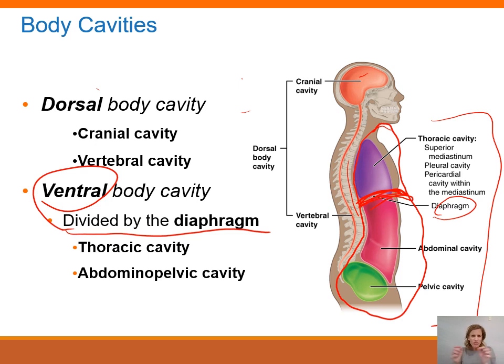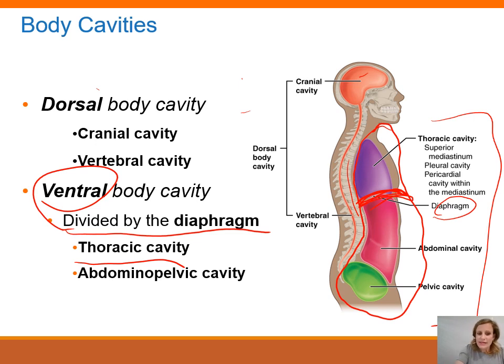There's only a couple little things that go through the diaphragm. It's a really big muscle that separates the top of the ventral body cavity from the bottom of the ventral body cavity. Everything above the diaphragm is in the thoracic cavity.